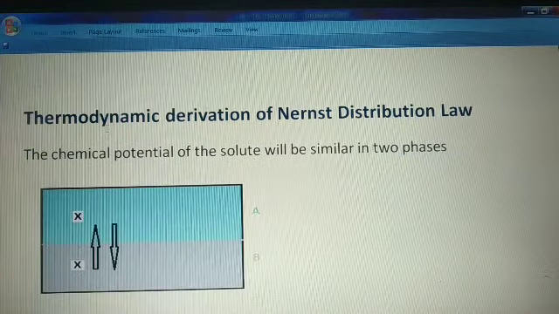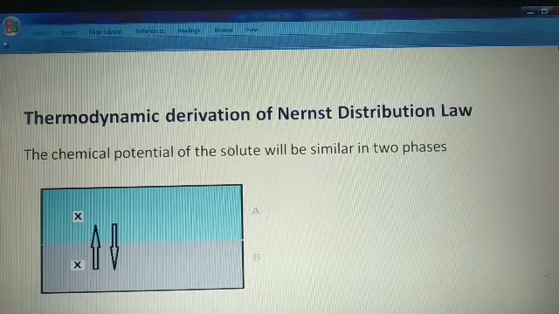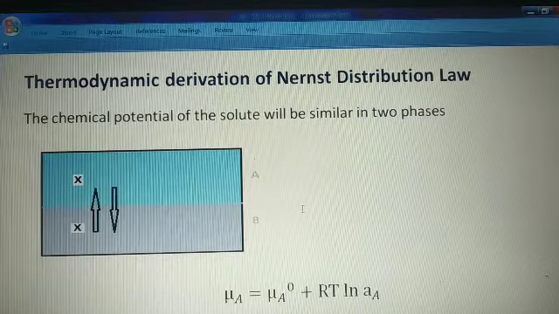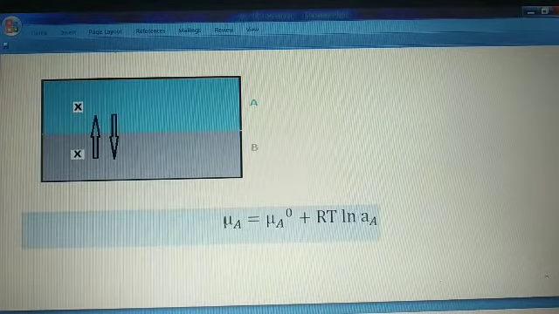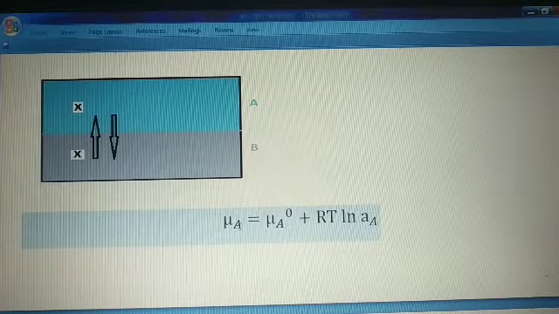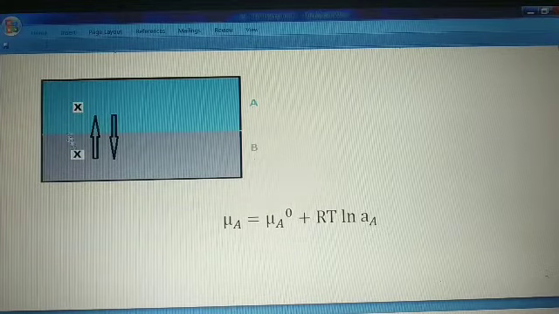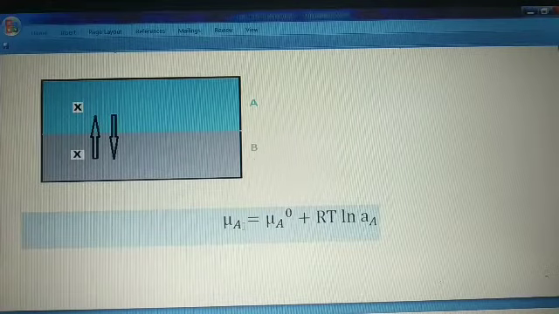Next is the thermodynamic derivation of the Nernst distribution law. To study this, we will take the help of the chemical potential equation. There are two phases, phase A and phase B, and the solute is distributing itself between them.